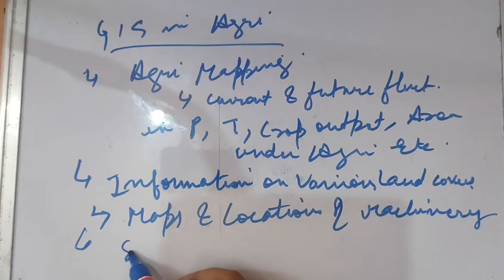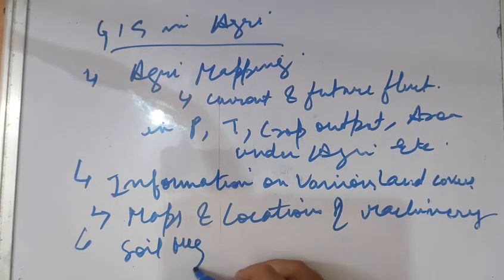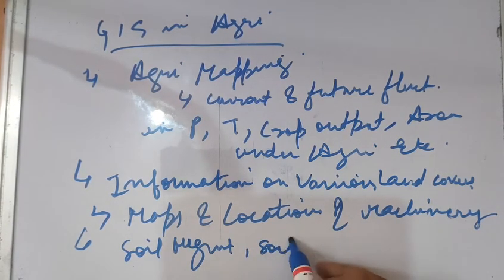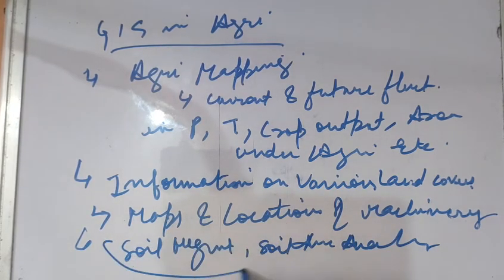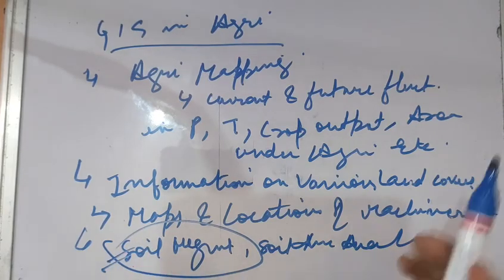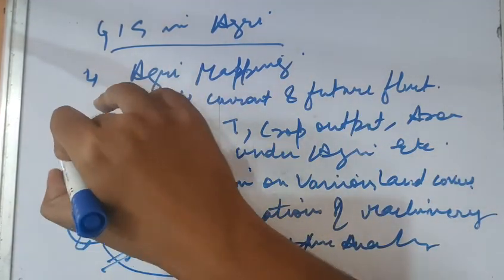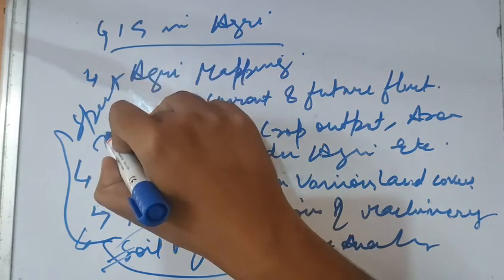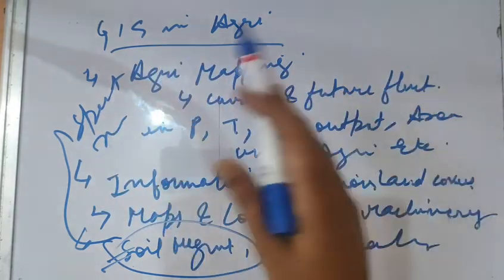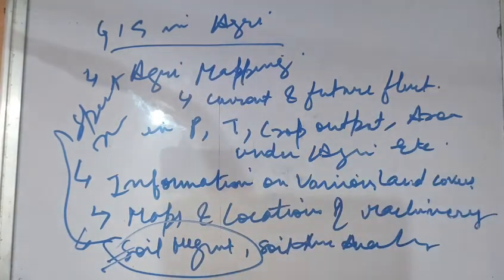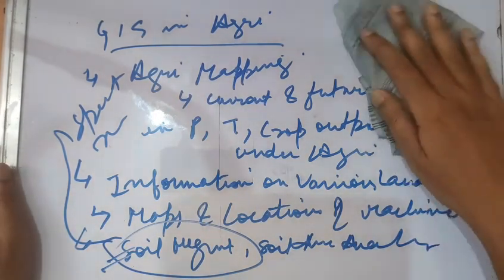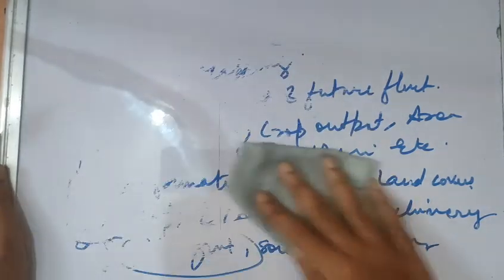It helps in soil management and soil amendment analysis. As I have told you earlier, when we see different categories of soil, the spectral reflectance of these soils is different. We can compare the spectral reflectance, and that helps in soil management: how much moisture is in the soil, how many nutrients can be present.